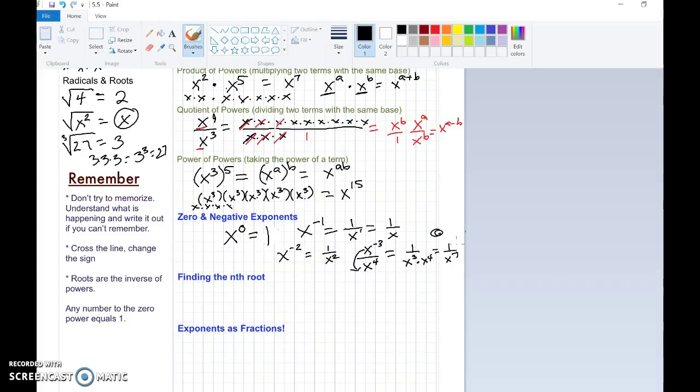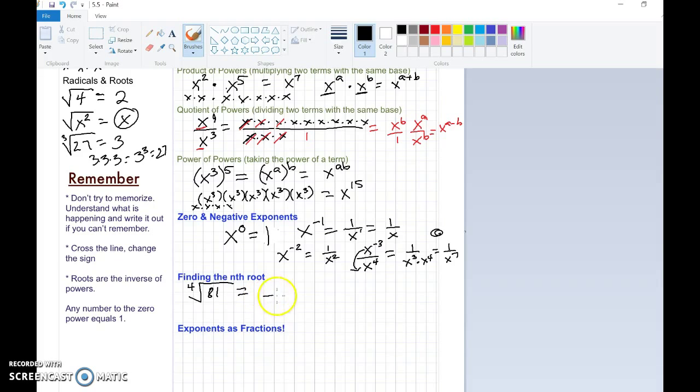The next thing that we're going to work on is finding the nth root. So that means if I have a number like 81, and I want to find the fourth root, then that means that I have to think about what number times itself 4 times.